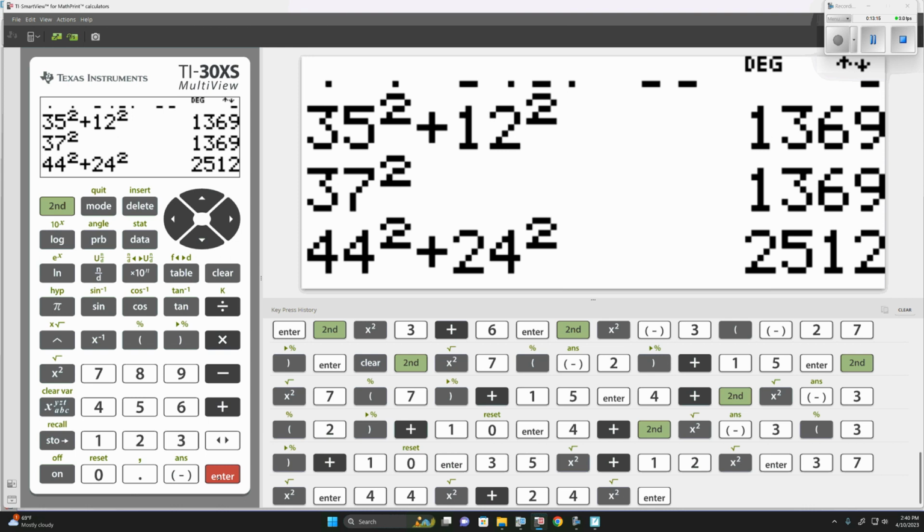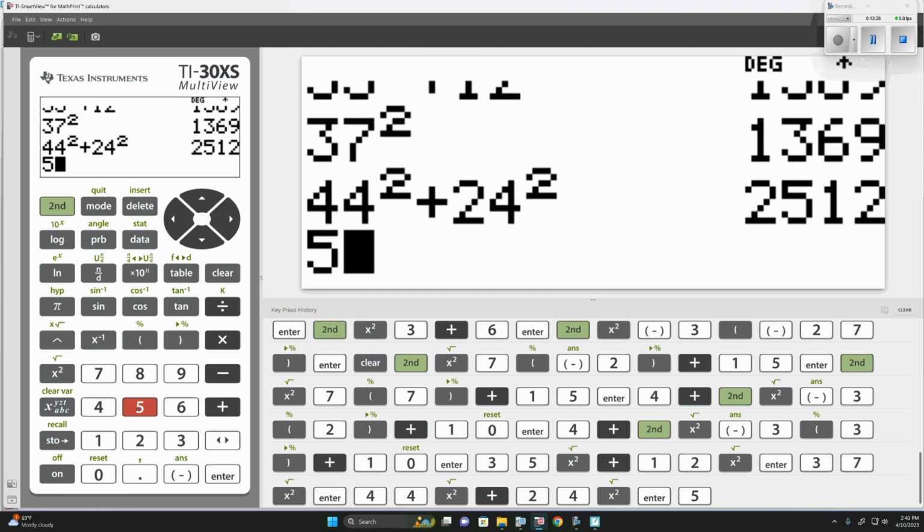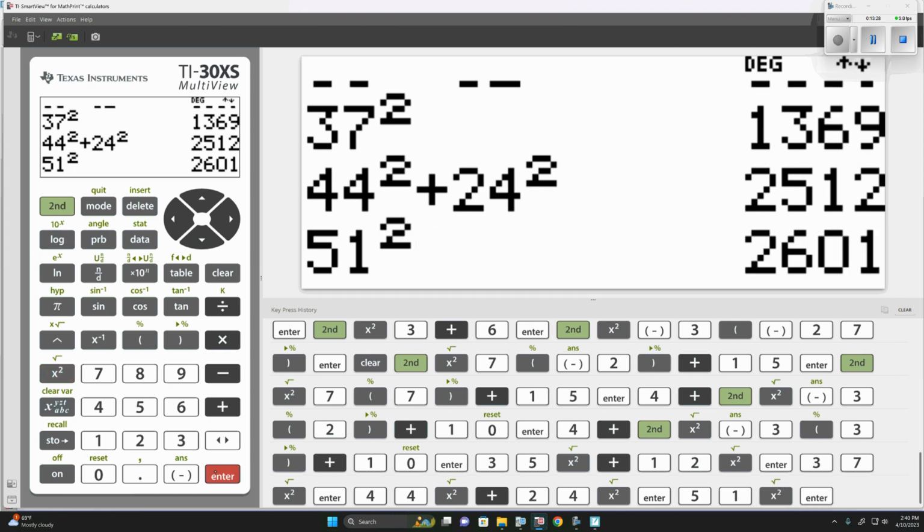24 squared plus 44 squared is 2,512. And if we do 51 squared, we get 2,601.